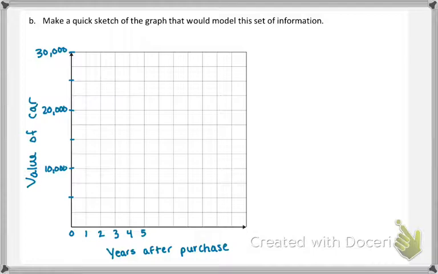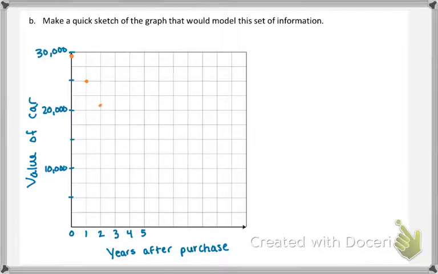So if I were to graph this, alright, so at the beginning my car is a little below 30,000 and we're just going to round here. Okay, and then in year 1 is almost at 25,000, so right here. And then year 2, 21,000, be about here.